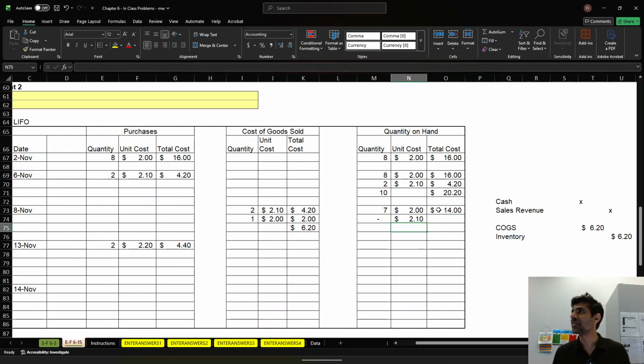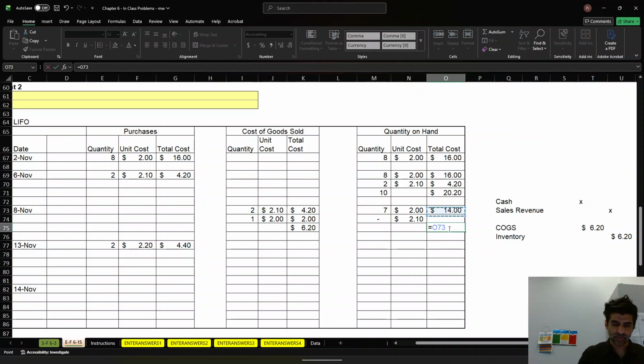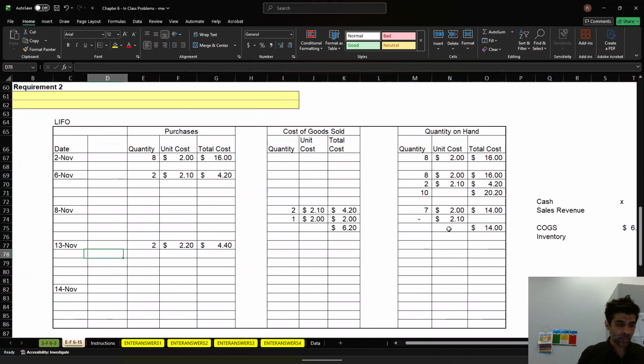You don't need to do that, but I'm trying to be clear about what's happening here because we had 2 of them, but we sold them, right? These are the units that we costed because we're using LIFO. So we have a total of $14 of inventory after this sales transaction. Okay, so now we're buying 2 more. So we're still going to keep this 7 at $2, but now we're adding 2 more at $2.20.